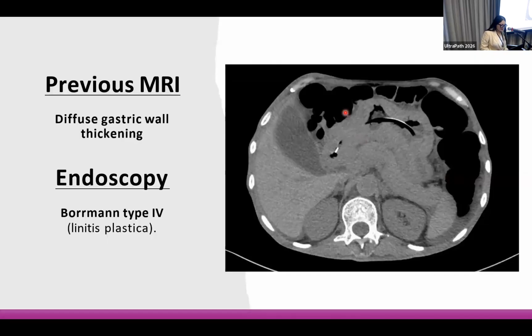We were also able to obtain the previous imaging study, and we can observe this diffuse thickening of the whole gastric wall. In the lumen is the nasogastric tube. The endoscopy report mentioned a lesion consistent with Borrmann 4 linitis plastica.